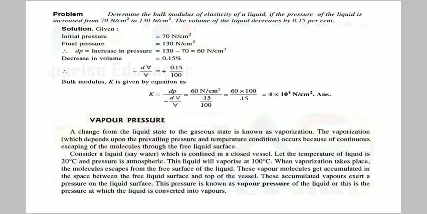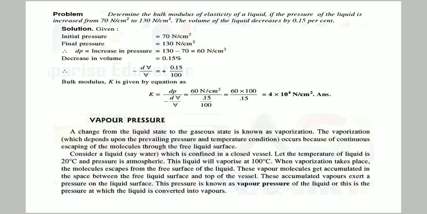So next we'll see about vapor pressure. We all know the change of a substance from liquid state to gaseous state is known as vaporization. Vaporization occurs because of continuous escape of molecules through the free liquid surface, and it also depends upon the prevailing pressure and temperature conditions.